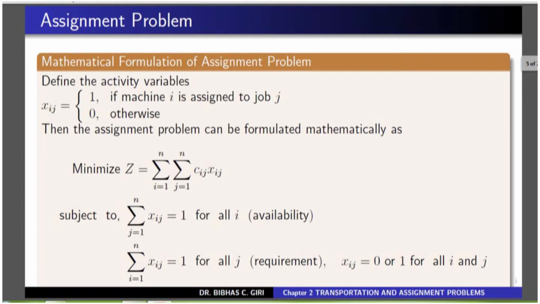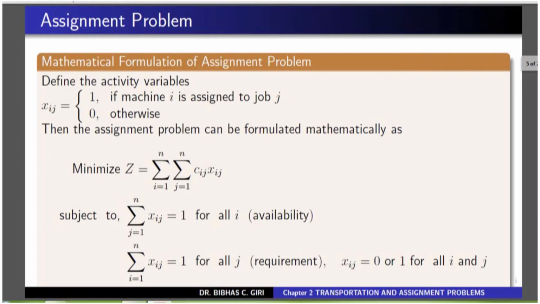Then the mathematical model for the assignment problem can be stated as shown in the slide. The cost of assignment is summation over i equal to 1 up to n, summation over j equal to 1 up to n, Cij Xij, which is to be minimized in this problem.